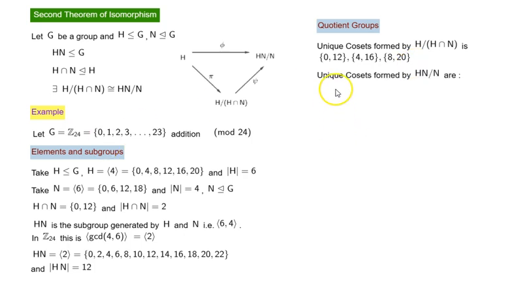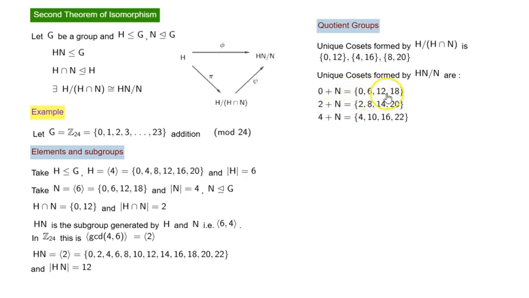Now, similarly, the unique cosets found by HN by N are as follows. HN is this, and N is 0, 6, 12, 18. So let's start off with 0 plus 0, 0 plus 6, 0 plus 12, 0 plus 18.